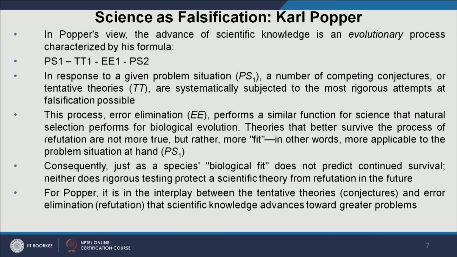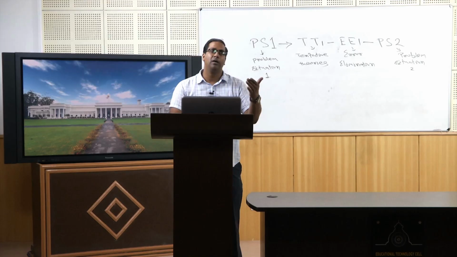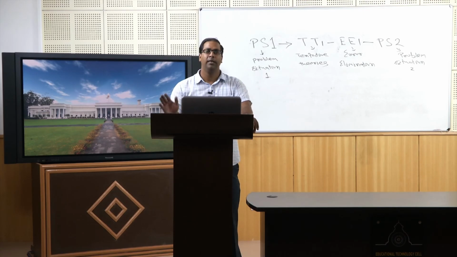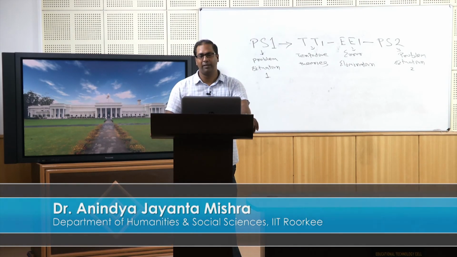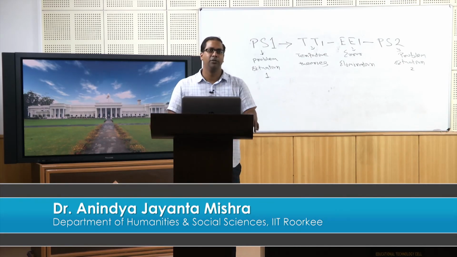Consequently, just as species being biologically fit does not predict continued survival, neither does rigorous testing protect a scientific theory from refutation in the future. Any theory would be ultimately refuted or falsified according to Popper, and this is how scientific knowledge advances towards greater problems.